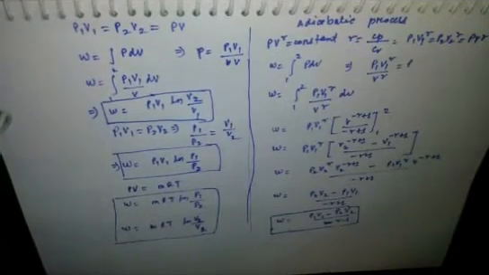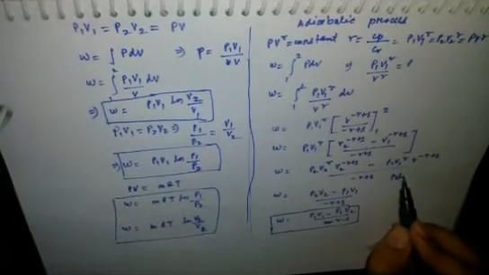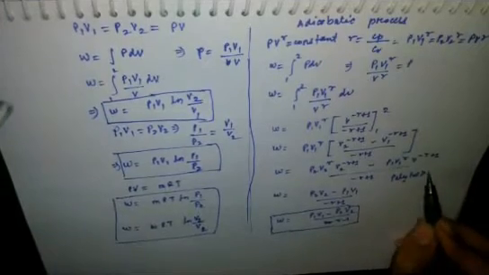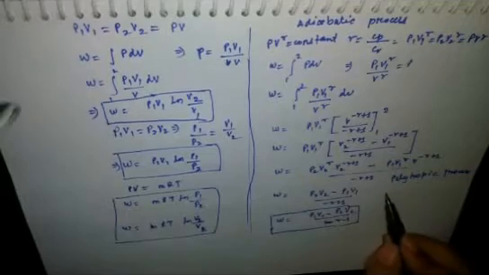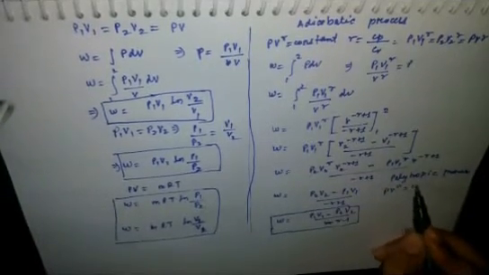And if I talk about the polytropic process, the equation governing the polytropic process is PV to the power n is equal to constant.